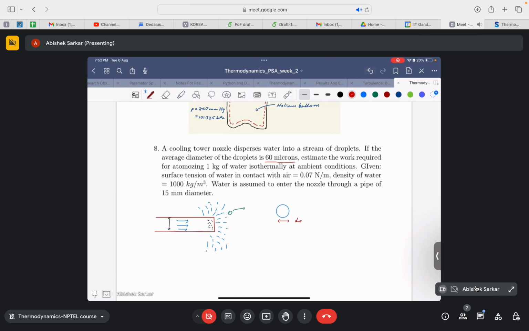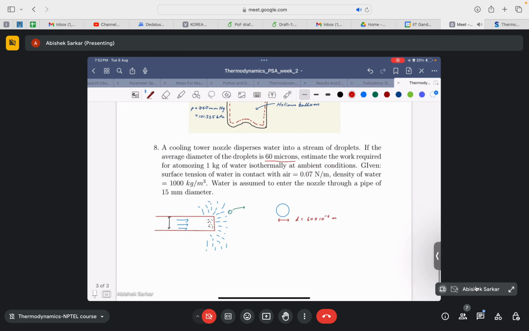And the diameter of the pipe is 15 millimeter. So you are asked to find what is the work required to atomize 1 kg of water, okay. 1 kg of water.